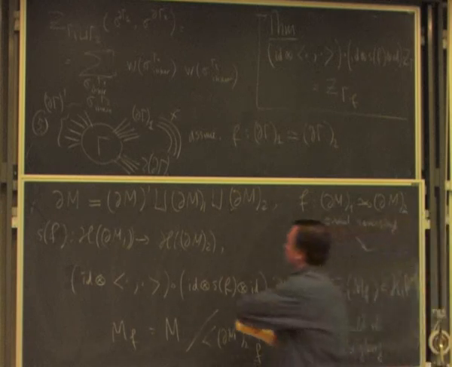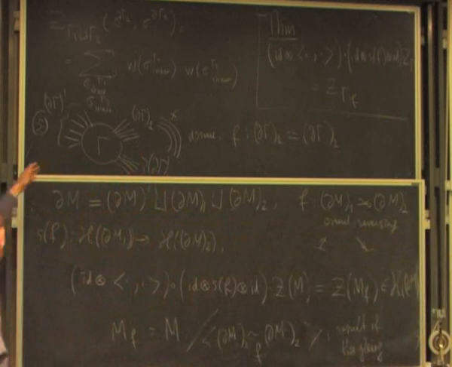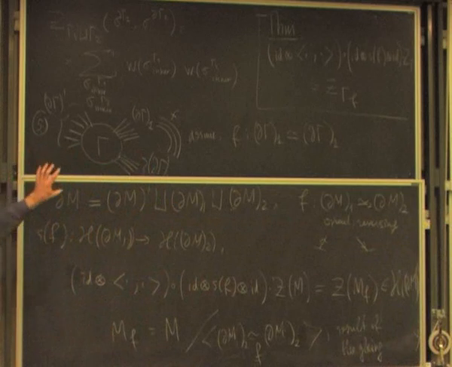The picture is more or less the same, except now it's a manifold with 3 components of the boundary.